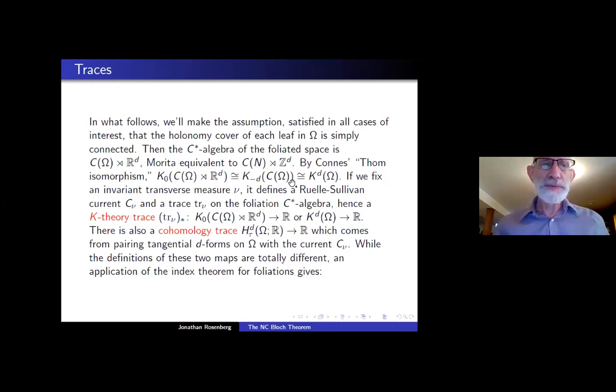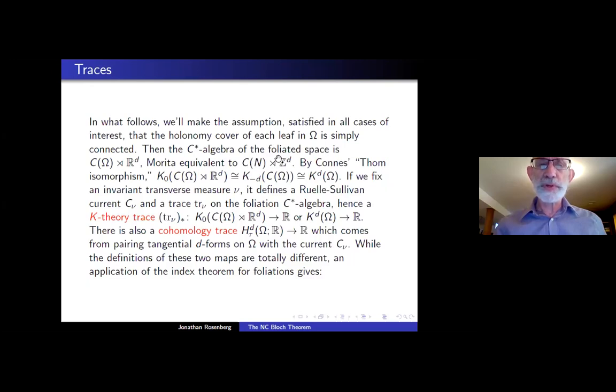So now, if you fix an invariant transverse measure, let's say nu, then you have this Ruelle-Sullivan current, and you also have a trace on the foliation C-star algebra. So you have a so-called K-theory trace, which is a map from this K0 group to the reals, which you can think of as basically being computed on this unital C-star algebra over here.